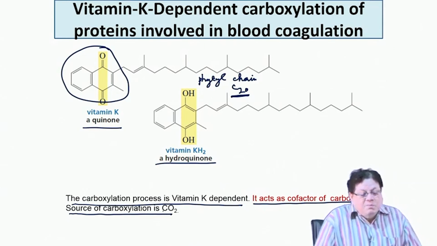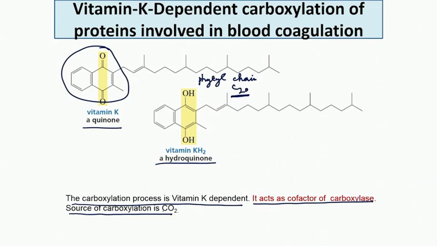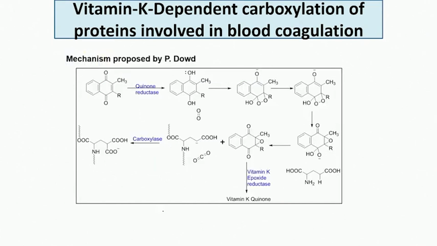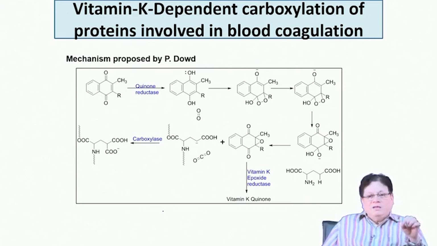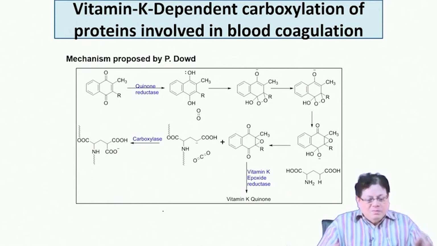So, let us see the mechanism of that reaction. Again, just to remind you quickly, what we are discussing is how these glutamic acid residues are gamma carboxylated with the help of vitamin K as the coenzyme.